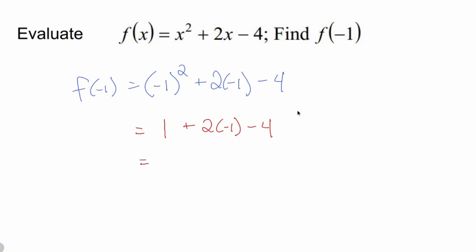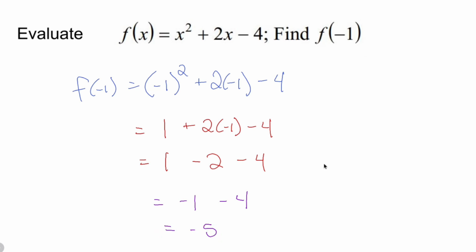PEMDAS says I do multiplication, division, left to right. Here's a multiplication problem. So 2 times negative 1 becomes negative 2. So I have 1 minus 2 minus 4. And now I'm left with addition and subtraction left to right. Okay, 1 minus 2 is negative 1, and negative 1 minus 4 is negative 5.